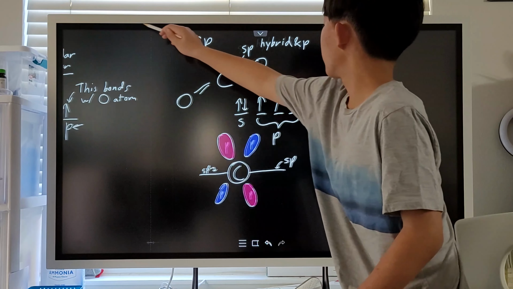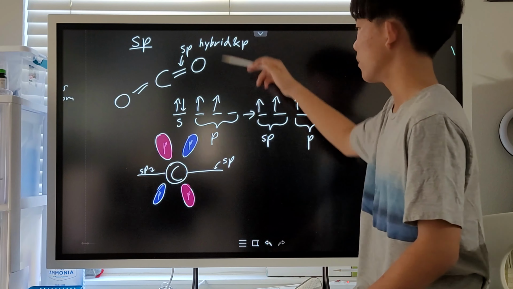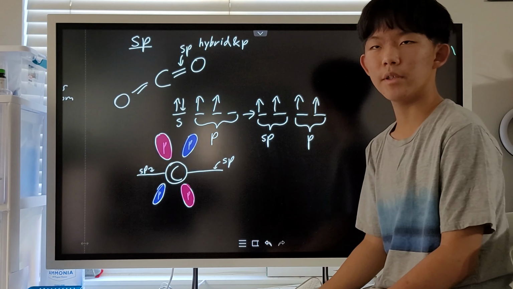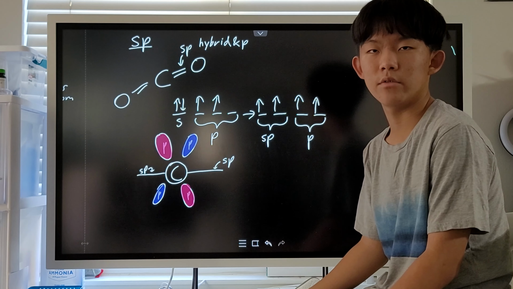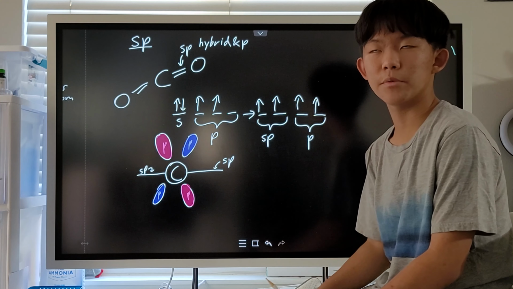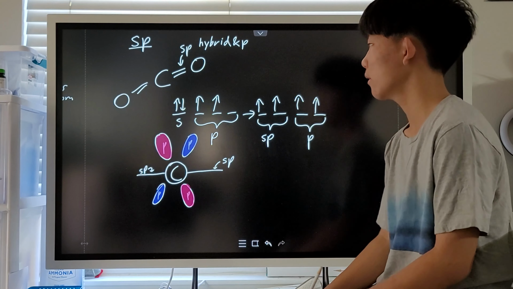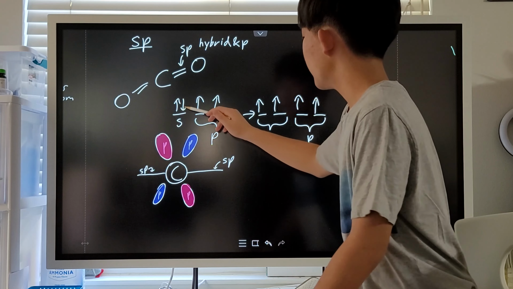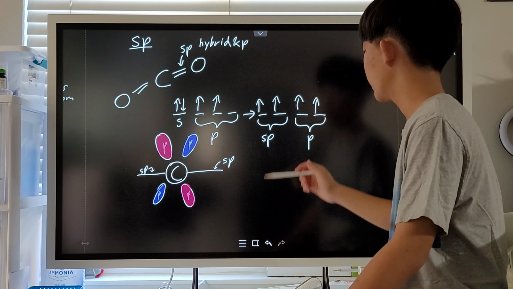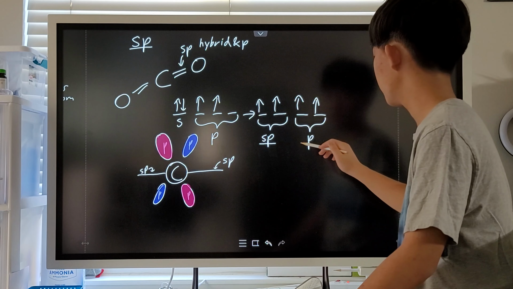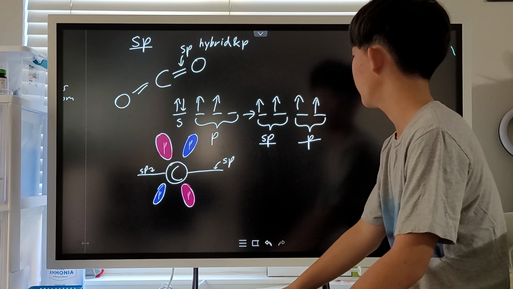The third orbital we're going to talk about is the sp orbital. The sp hybrid orbital is generally found when carbon has two double bonds, or 1 triple bond and 1 single bond, like here. If we merge 2 s orbitals and 2 p orbital electrons, then we can get 2 sp hybrid orbital electrons and 2 remaining p electrons.